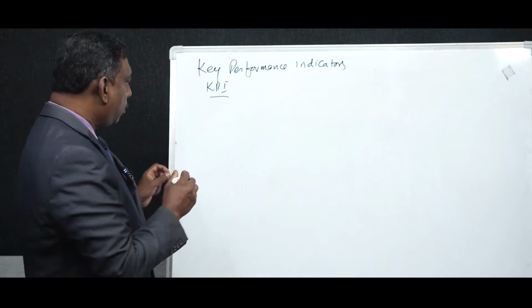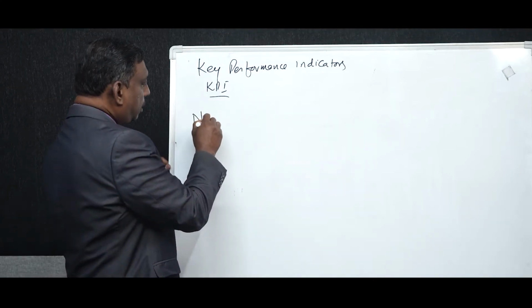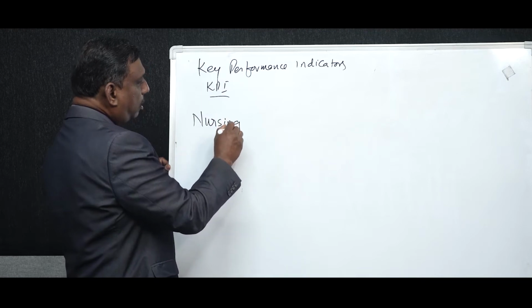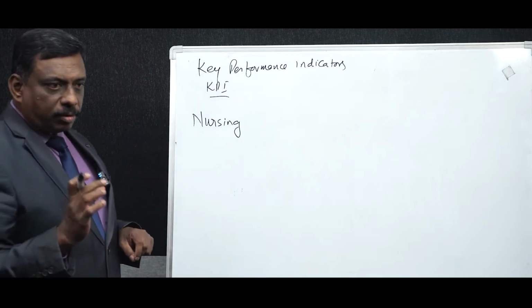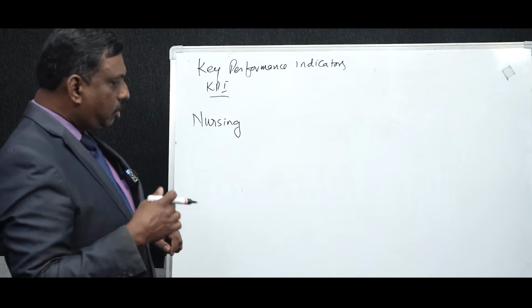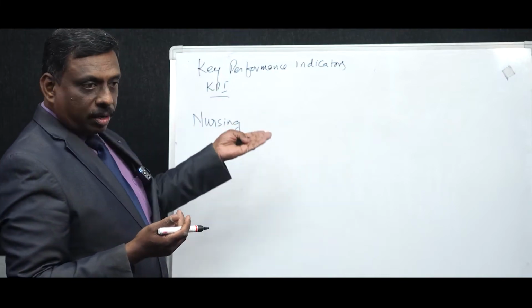For example, you take a nursing department. There are various data that can be used to find out the quality of the nursing department. These are also called quality indicators.